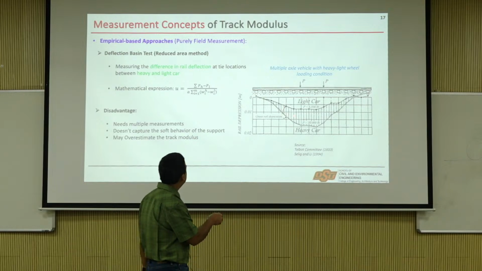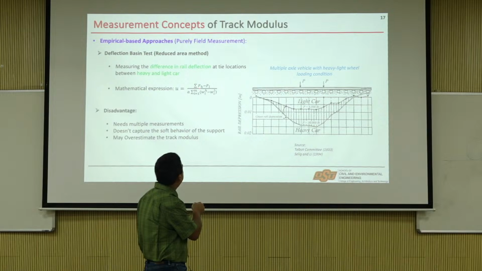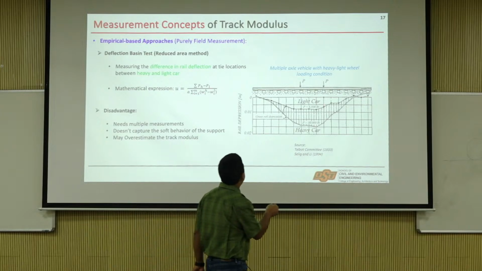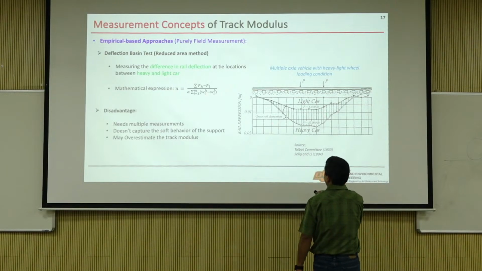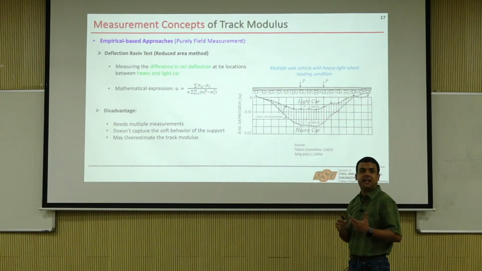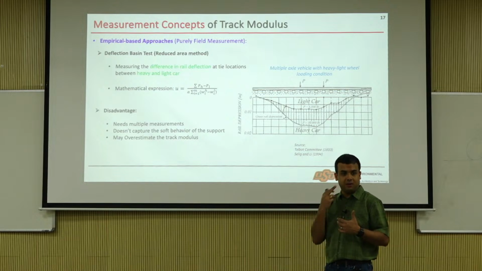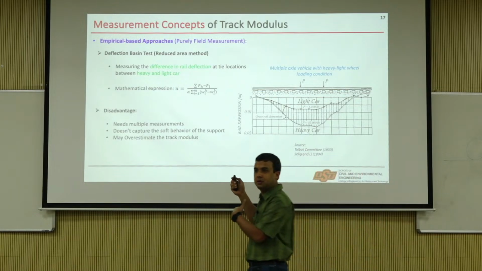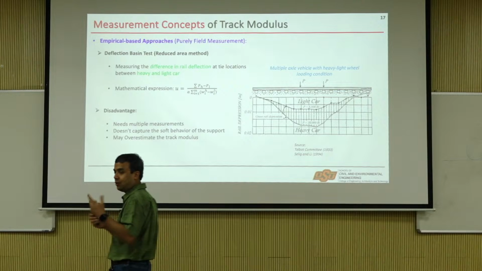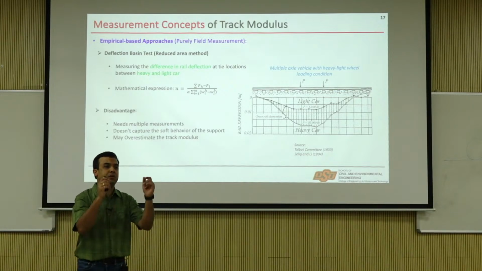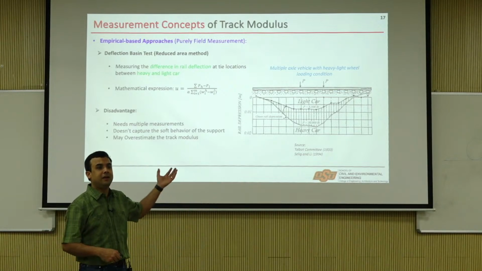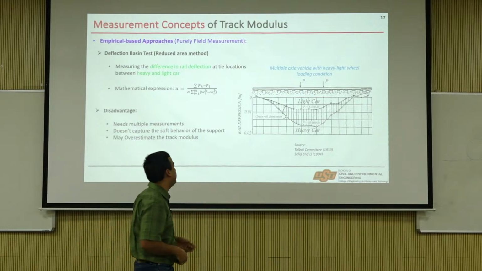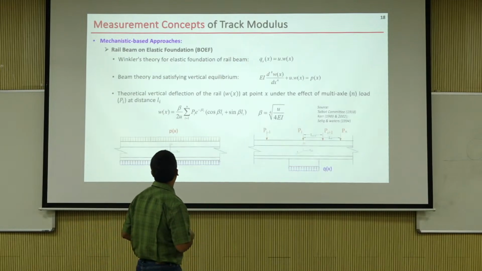The summation of PH minus PL, which is basically the difference in the load, heavy minus light, divided by the summation of the area, or the deflection changes, gives you an idea of the modulus. So this is another measurement approach. In pavements it was easy, FWD, right? You just measure. Here there are many different options and different challenges.